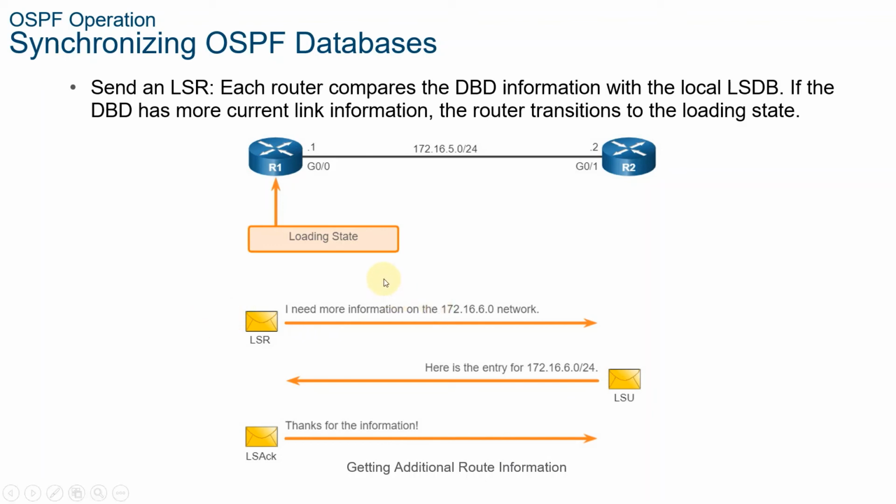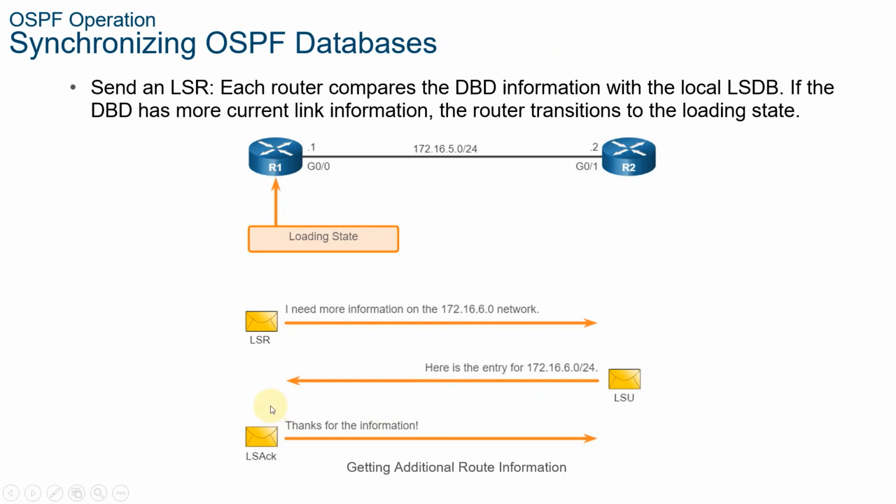For example, in the figure, R1 sends an LSR regarding the network 172.16.6.0 to R2. R2 will respond to that LSR via the LSU. R2 responds with the complete information about 172.16.6.0 in an LSU packet.